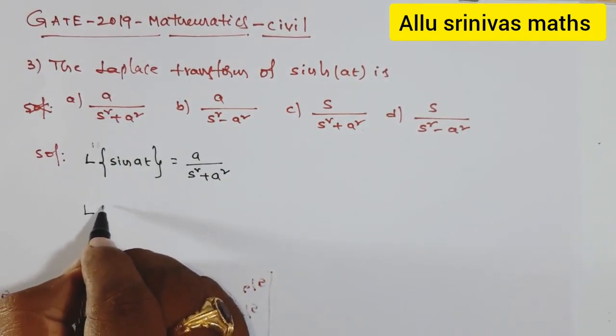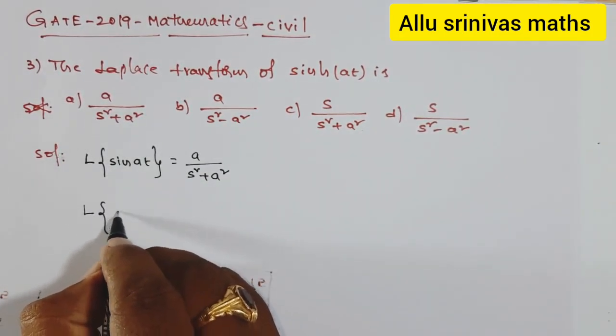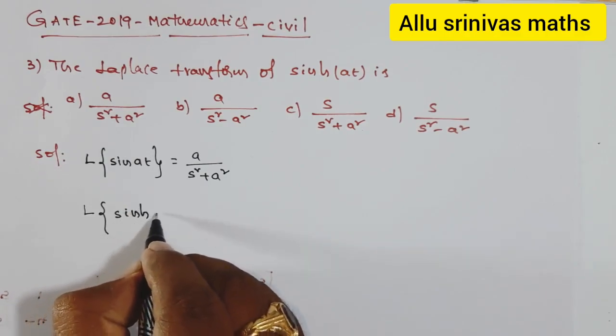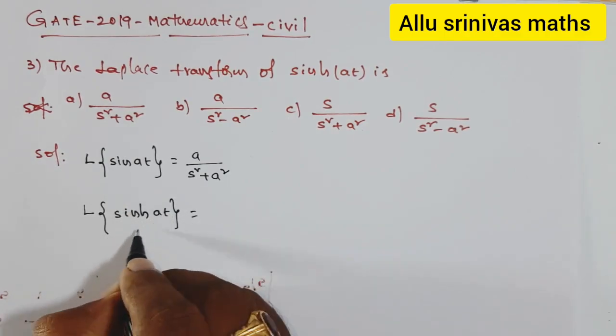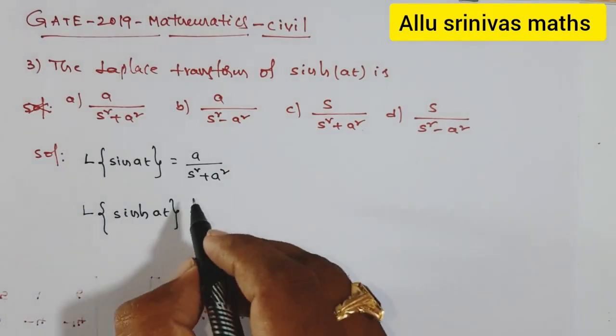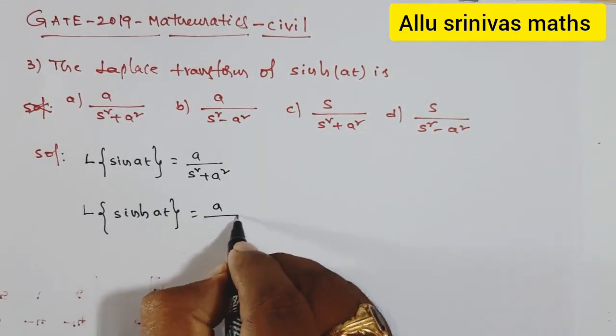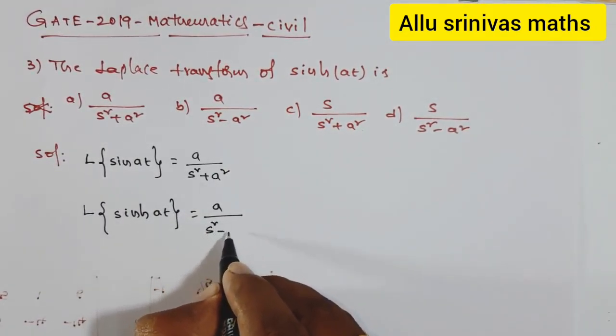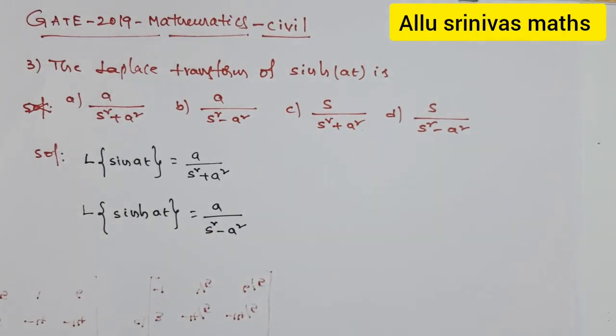Next write L of sinh at, the hyperbolic function in the Laplace transform: the formula is a by s square minus a square.